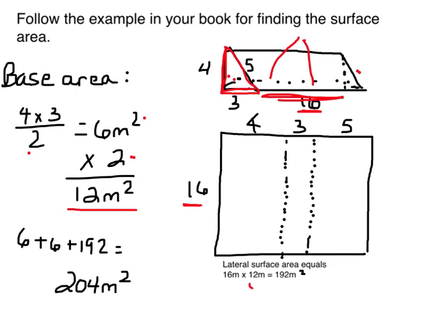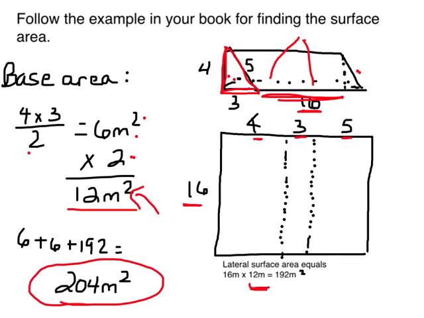Now where did I get the 12 from? I added 4 plus 3 plus 5. 7 plus 5 is 12. So that's how I got the lateral surface area. And then because I'm finding surface area, I need to add this number to it. So when I add 6 plus 6 to 192, I get a total surface area of 204 meters squared.